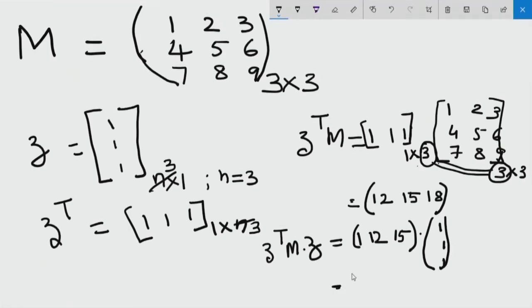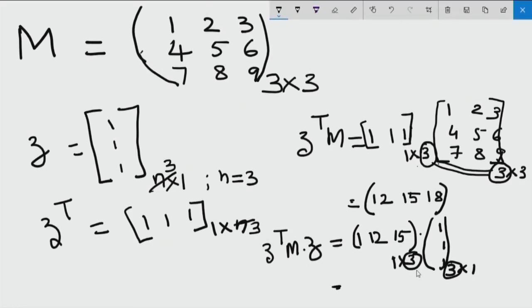Remember, this is a 1 by 3 matrix and this is a 3 by 1 matrix. The number of columns of the first matrix is equal to the number of rows of the second matrix. Therefore, it is compatible for matrix multiplication.